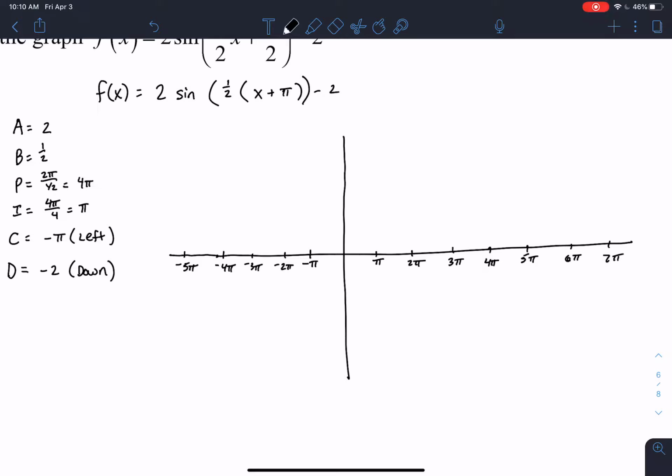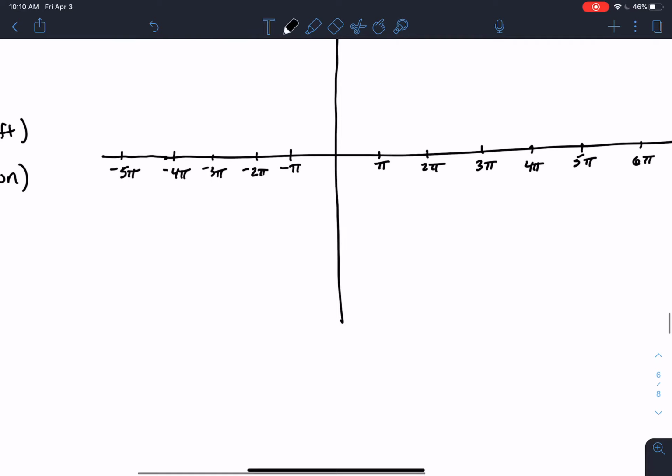Okay, now we're going to go down 2, right? And our amplitude is 2. Okay, so that tells me that if I'm going to be going down 2 and my amplitude would be 2, I'm going all the way up to 0 and then down to -4.